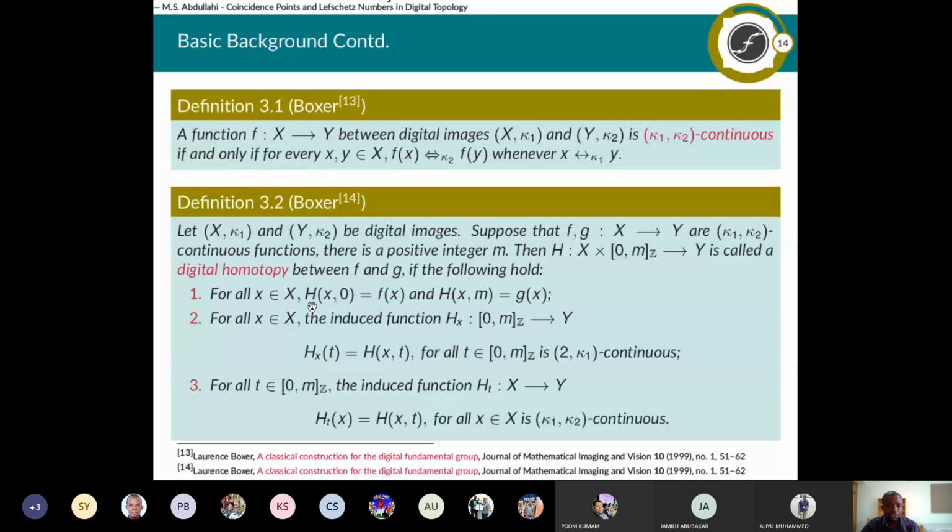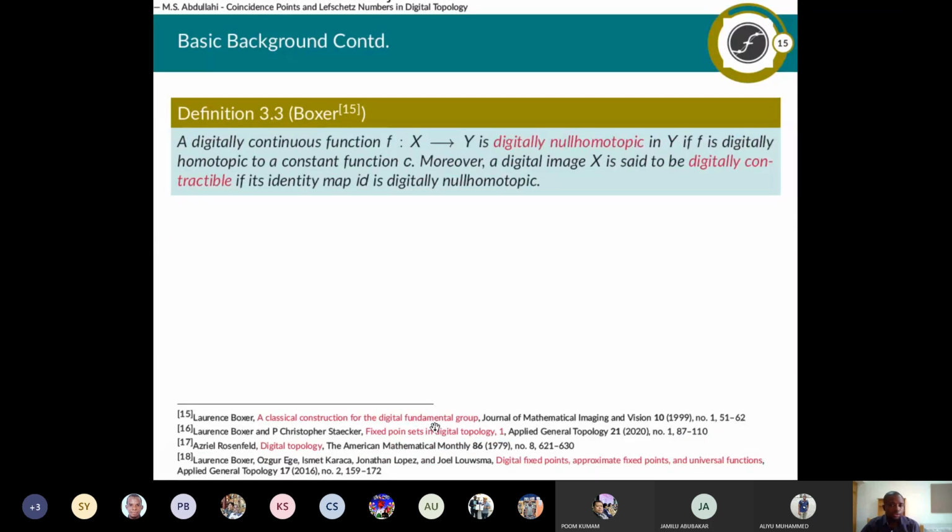which is a function that satisfies these three conditions. And also I'm going to remind us of what a digital null homotopy is. That is, a function is called digitally null homotopic if it is digitally homotopic to a constant function. And if the identity mapping is digitally null homotopic, then we call that image digitally contractible.